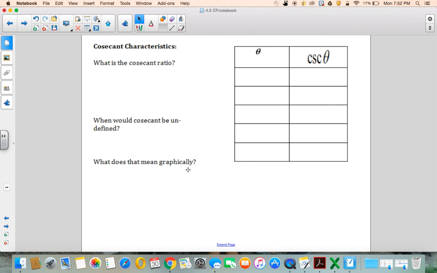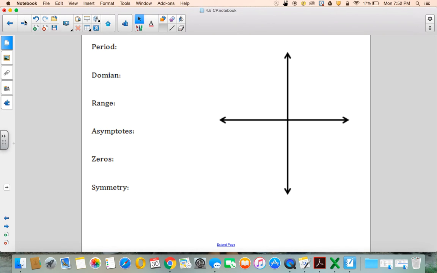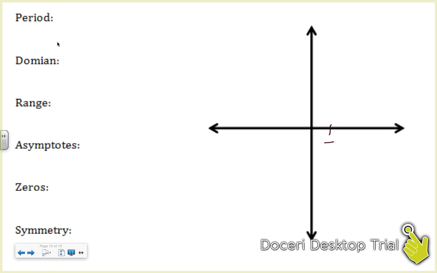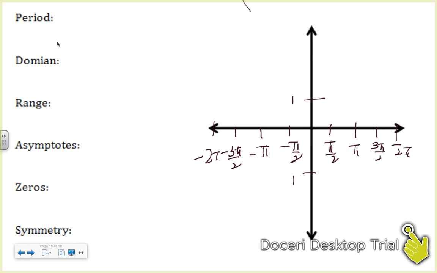There it is. Okay, so when we go to the actual graph, the graph's going to look like, here we go. So we have pi over 2, pi, 3 pi over 2, and 2 pi, then the negatives. And like I did before, I'm going to graph sine.